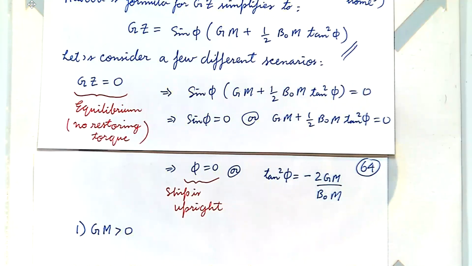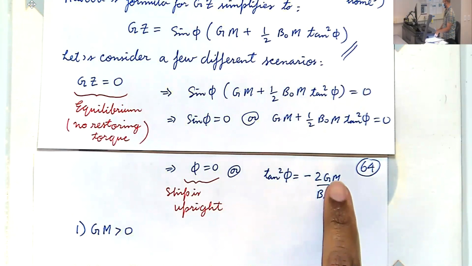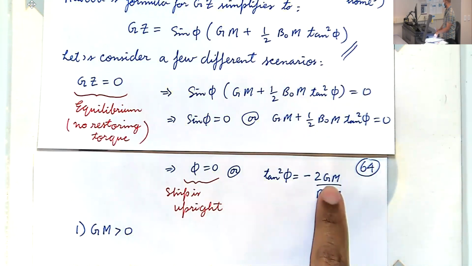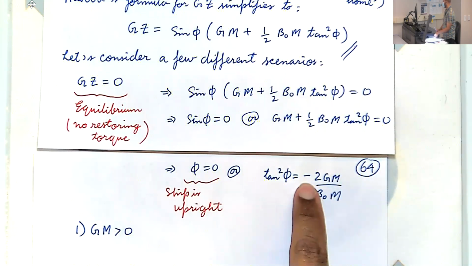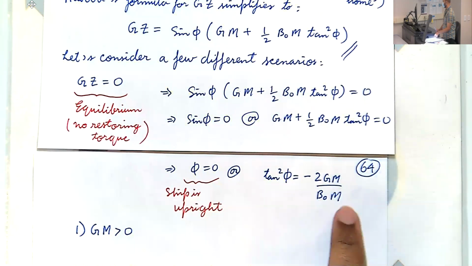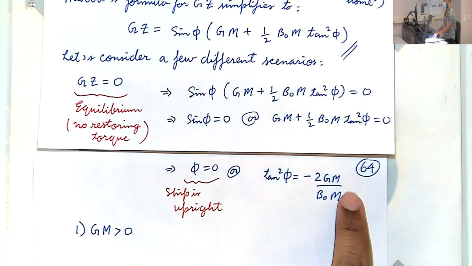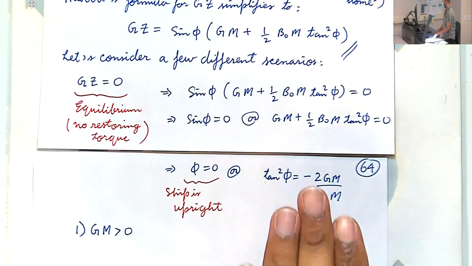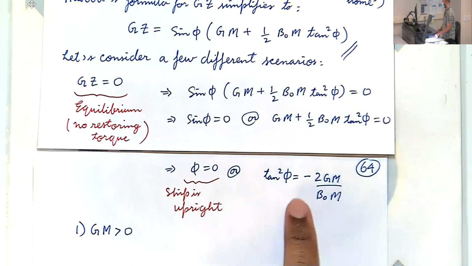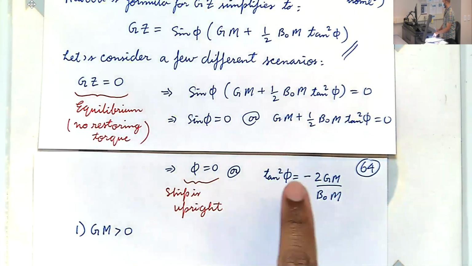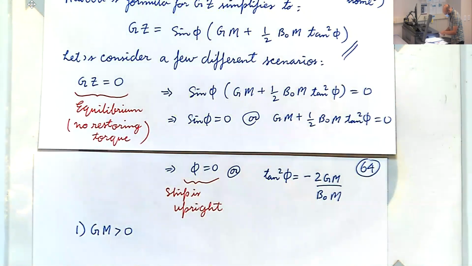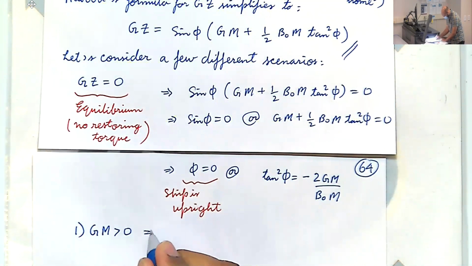B0M has got to be less than 0. Yes, if GM is greater than 0, this is positive, and there's a minus sign here, so B0M better be negative, otherwise I cannot have a square of anything be a negative number. So there's no real solution for this equation if GM is greater than 0.